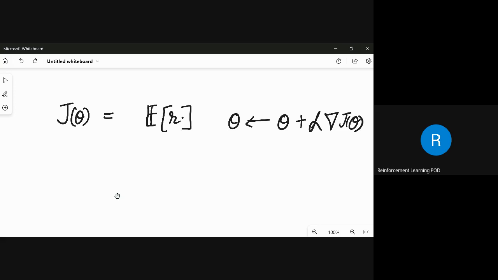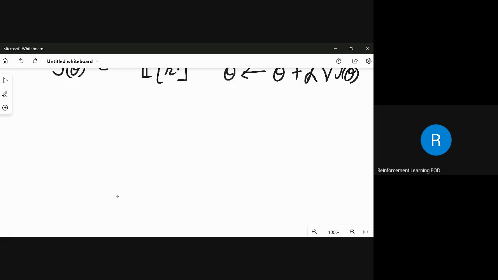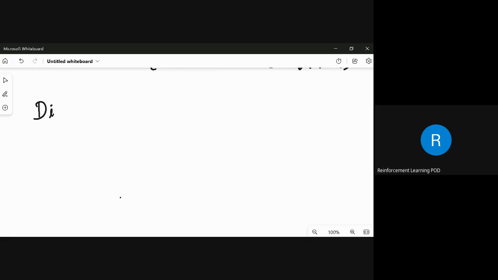Now, before we move forward, how are we going to represent our policy? There are three different ways we can use. Two are for discrete actions.